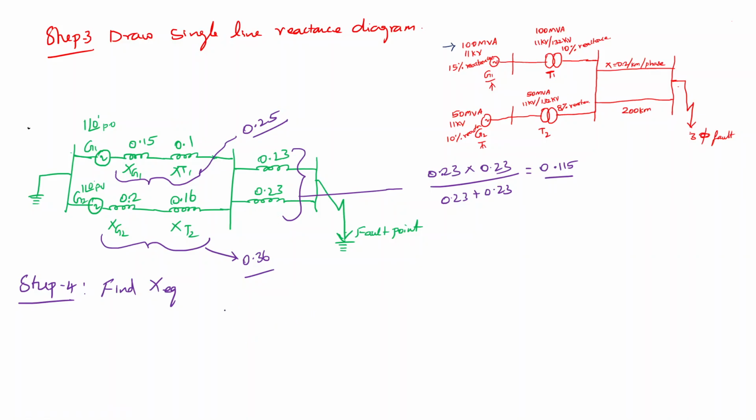Now first I will draw this circuit. Later we will go for the next step. So I put a ground here, earth. There is a generator G1, there is a generator G2, there is a reactance.